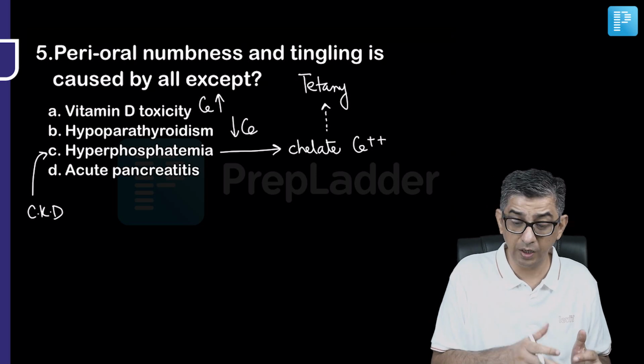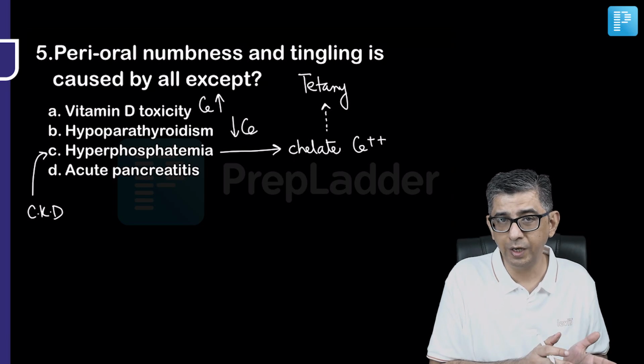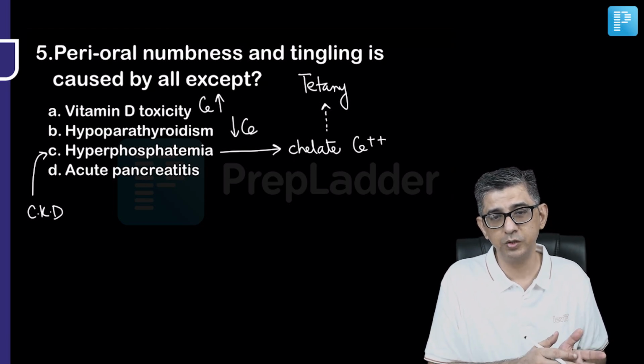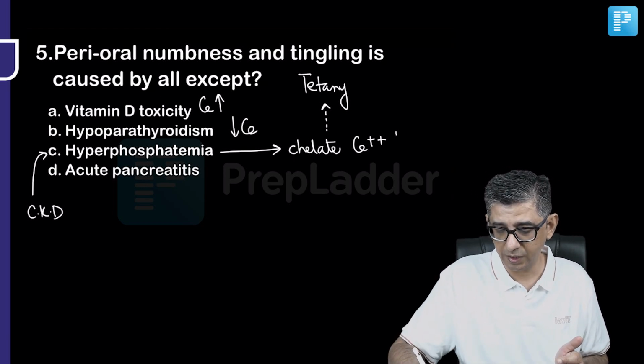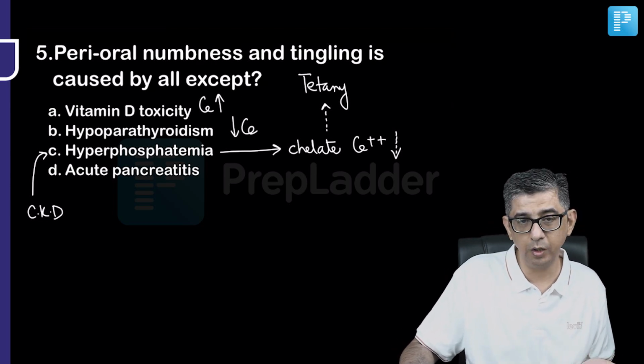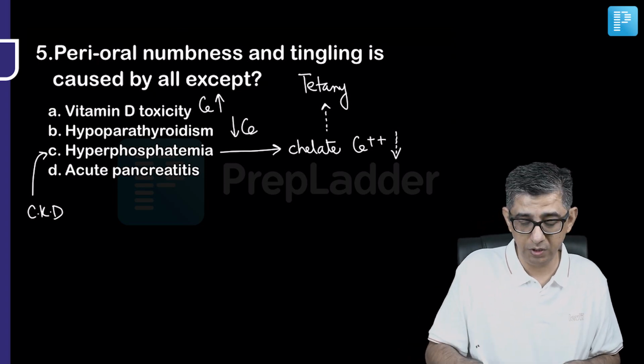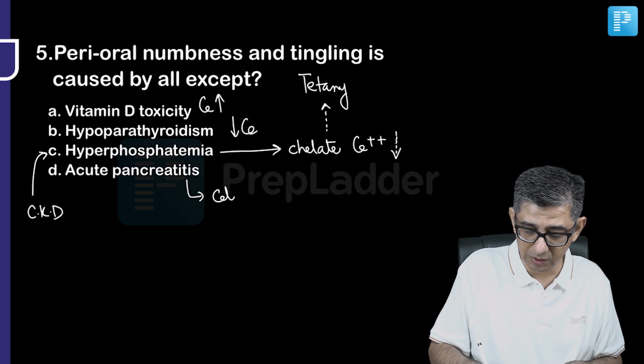Plus CKD has another reason why calcium is lesser, that the kidney will not be able to produce vitamin D3, and therefore calcium would be lesser. So there are multiple reasons why I can say that calcium values would be lesser for option number C. One is the CKD component, less vitamin D3. Second is phosphate binding to calcium. In acute pancreatitis, the logic is, this is what the textbook says, that this is an extremely painful condition.